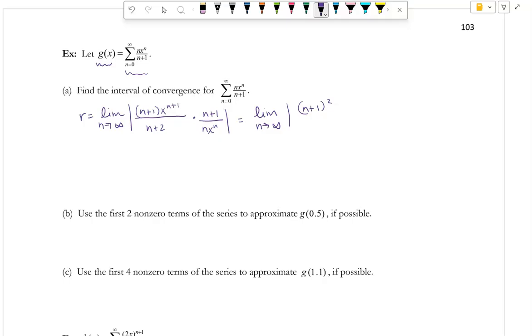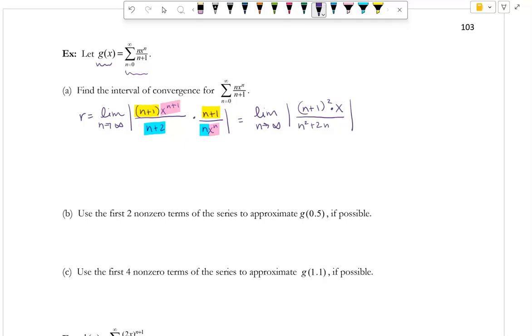On the bottom, we could multiply the n plus 2 and that in, so the bottom is going to become n squared plus 2n. We already dealt with those two pieces. So what's left, I have x to the n plus 1 over x to the n, so that's going to leave me with just an x on top.